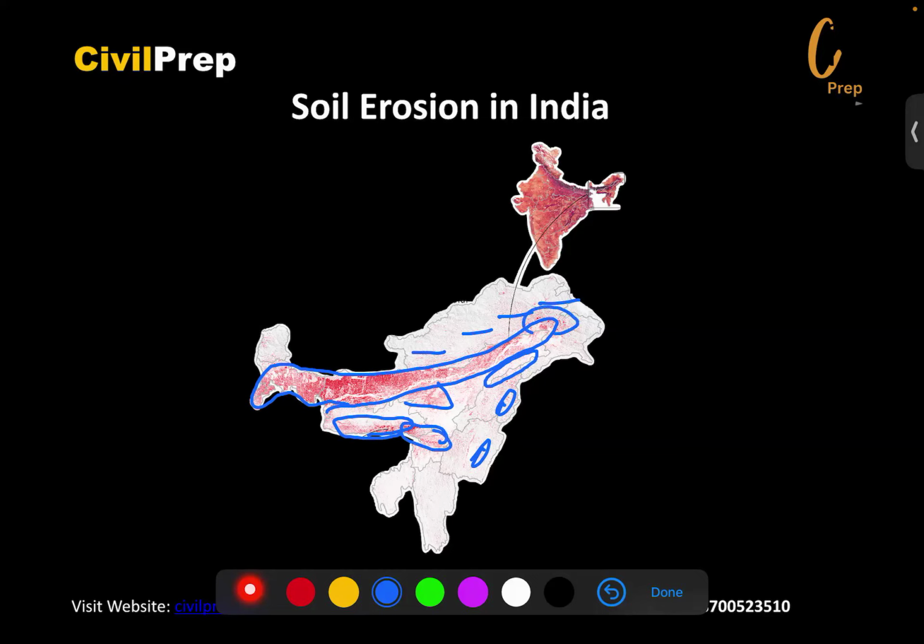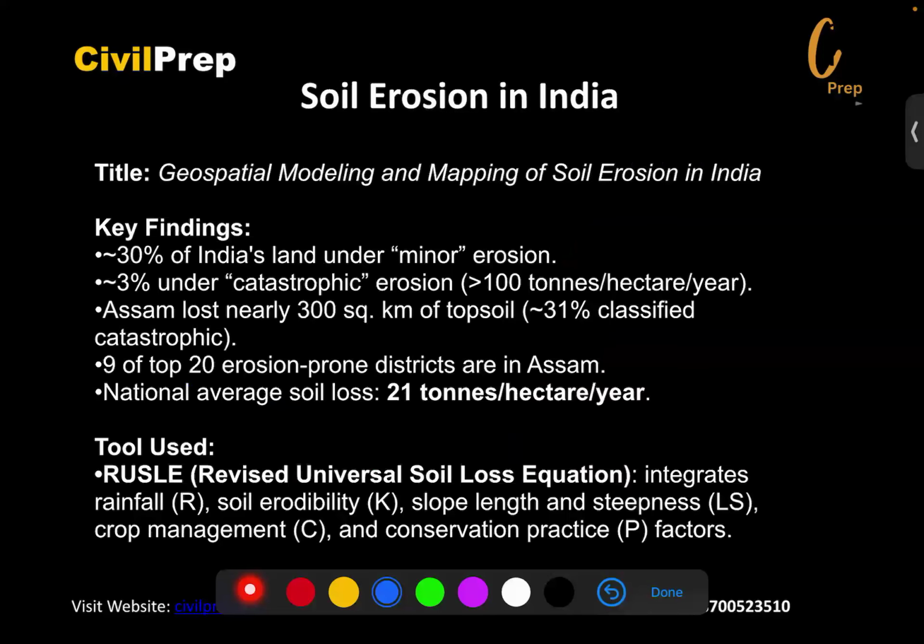Now, what are the reasons we have seen? Now, let's look at certain key findings here. The key findings are based on the geospatial modeling and mapping of soil erosion in India. 30% of India's land is under minor erosion. 3% is under catastrophic erosion.